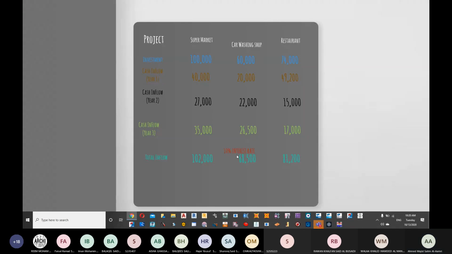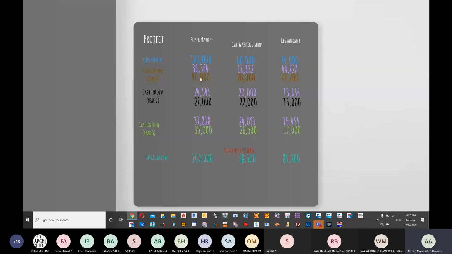Now for each and every value here, we are trying to go and get the present value.